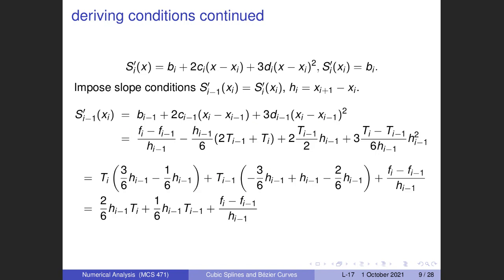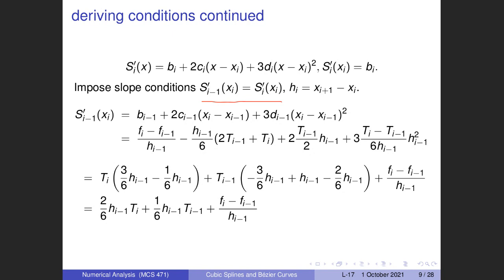So the condition is that we have the slope conditions. So the slope conditions say that here we have that the spline at the node, at the xi node, the slope of the left cubic spline should equal the slope of the right cubic spline. So in a way, all these slides are very algebraic now, but I hope that one should now have the picture from the beginning back in mind.